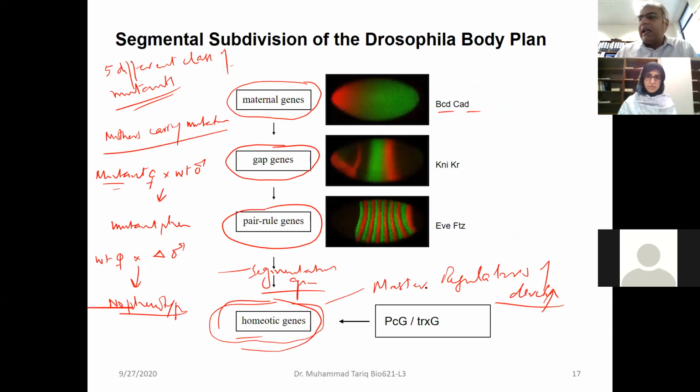And then finally, the Polycomb and Trithorax, these are epigenetic regulators. These are the ones which bind to the chromatin at specific sites in the genome, and their job is to maintain the body pattern.